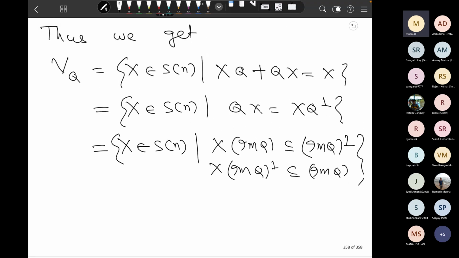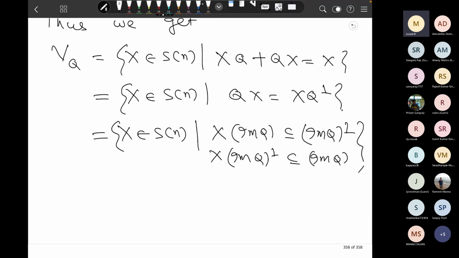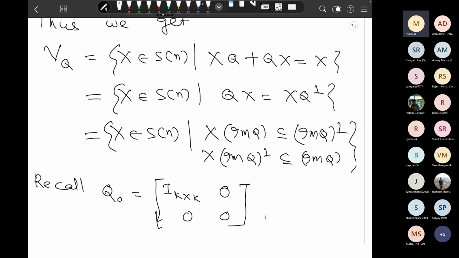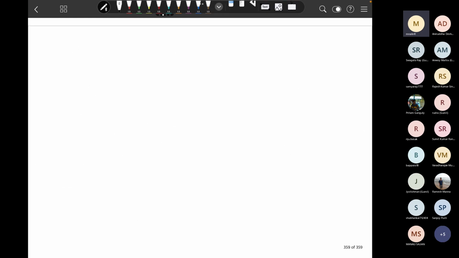Now I recall we have this Q naught, which is equal to I k cross k and zeros. This is the projection onto the space spanned by the first k elements of the standard basis. So I want to determine what VQ naught is.